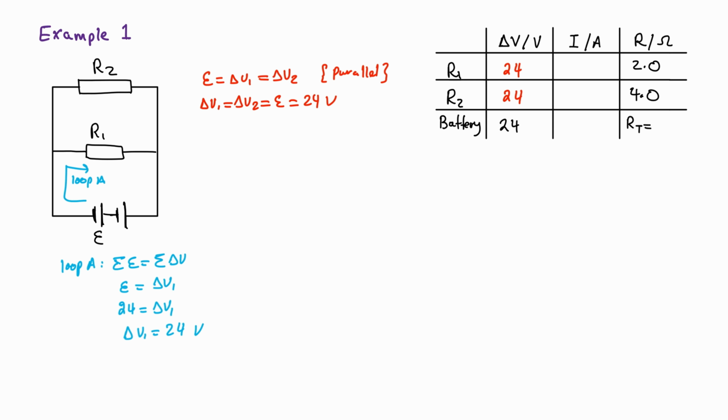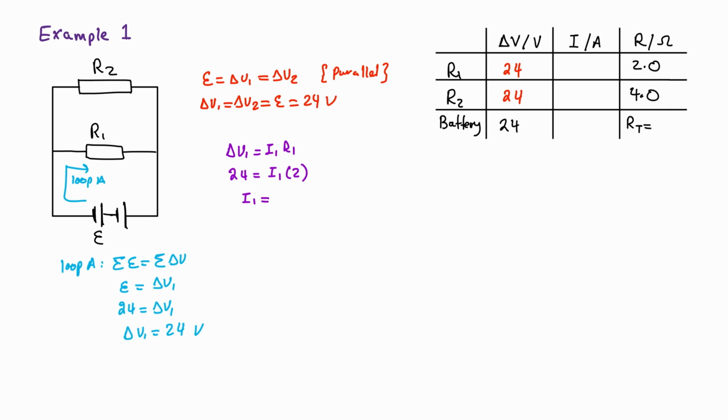Once I have this set of information, I have enough to find the current here. So I'm going to write delta V1 is equal to I1 R1. 24 is equal to I1 times 2.